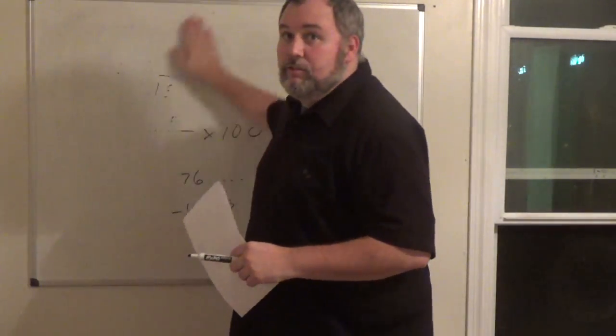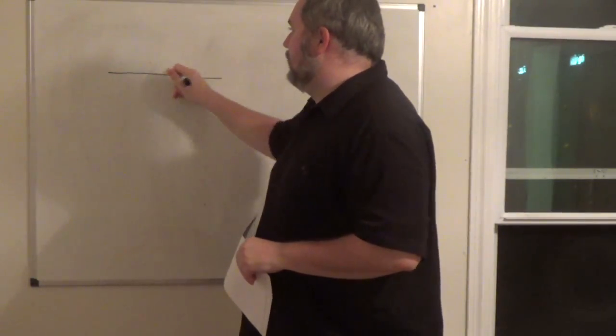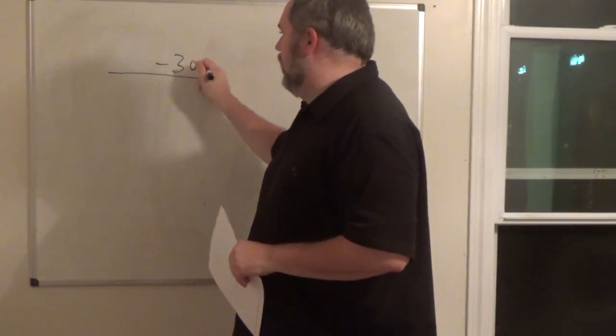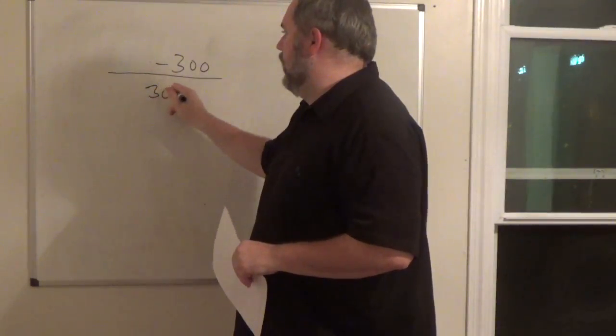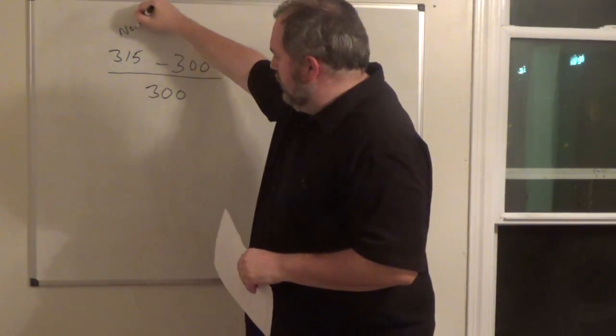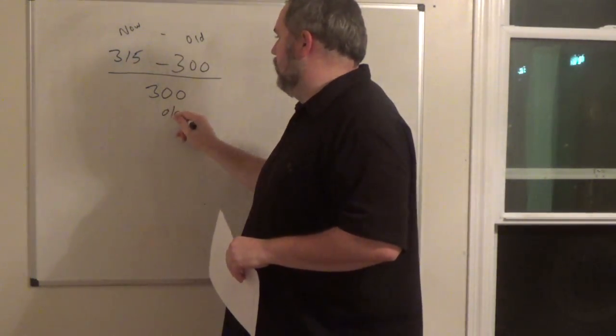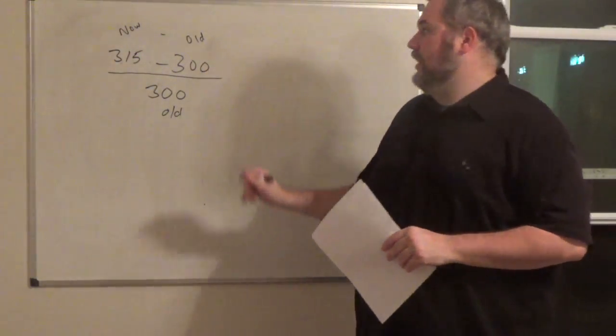Now, this next one is probably more accurate. I was 300 pounds, but I'm now 315. I was 300, so that's my old. I was 300, but I'm now 315. This is my new. Just don't forget: new minus old, divide by old. What does that give me?